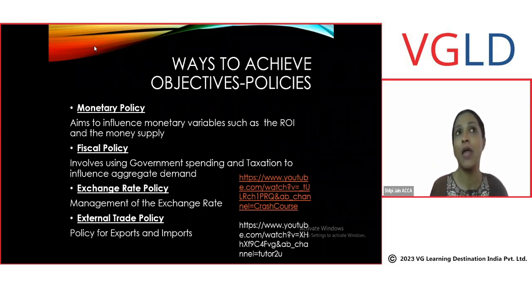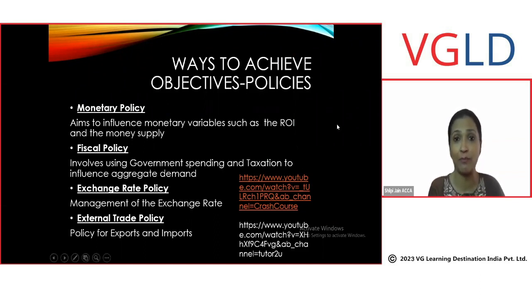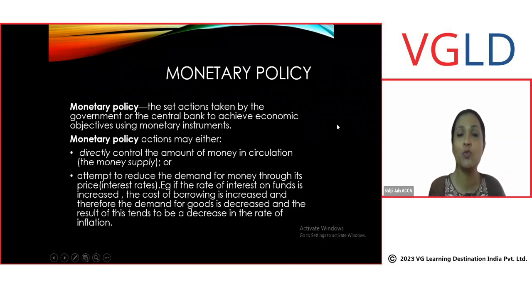Is it putting a ban on imports? So what is the export-import policy of the government per se is what we will study under the external trade policy. 4 policy names you should know. The key variables under these policy names you should know. Right? 2 marker questions are definitely going to come in from this chapter. Let's have a look at each one of these policies in detail now.